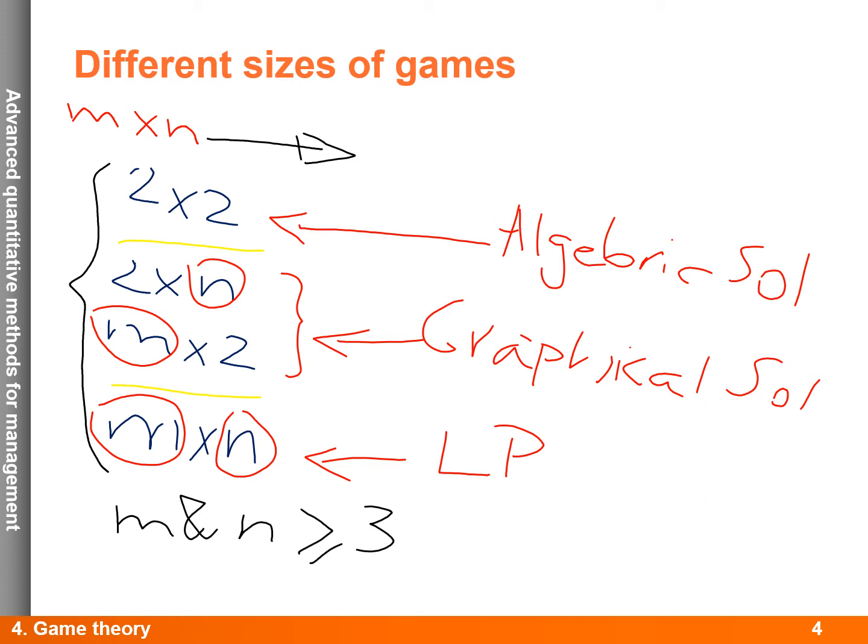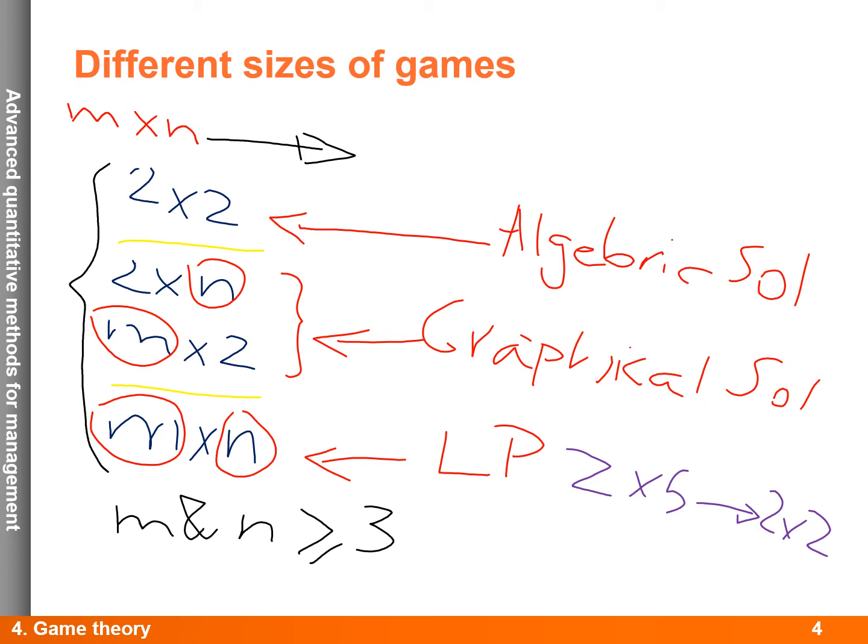Okay, so if I can decrease the size of the game and in an ideal form be able, for example, to convert the size of 2 multiplied by 5 to 2 multiplied by 2, it means that there were 3 strategies that I could eliminate.